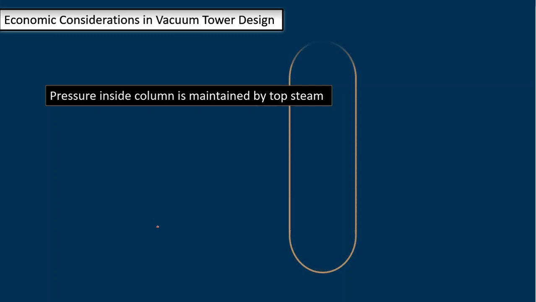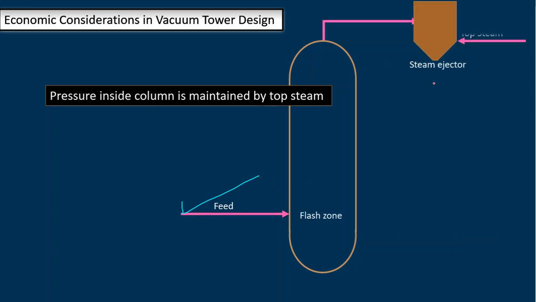How can we do it? Let us take an example. This is a column where we are giving the feed, that is an atmospheric residue, and at the top there is a steam ejector, and that steam ejector is operated by the top steam.